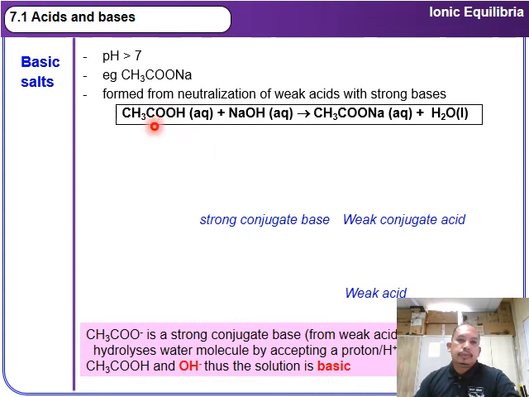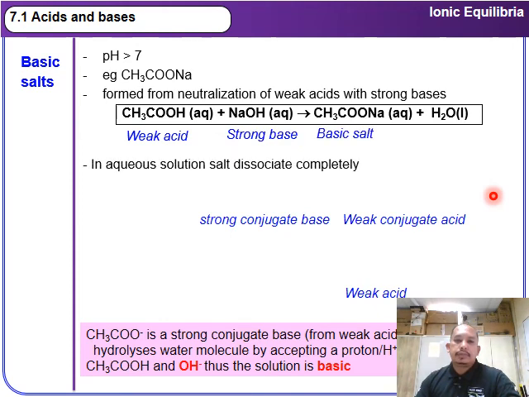For example, acetic acid, CH3COOH aqueous, reacts with the strong base NaOH aqueous to form the salt CH3COONa and H2O. A weak acid reacting with a strong base forms what is called a basic salt.